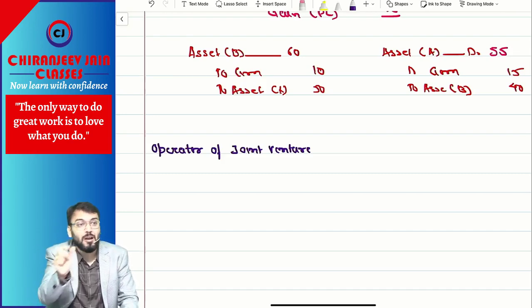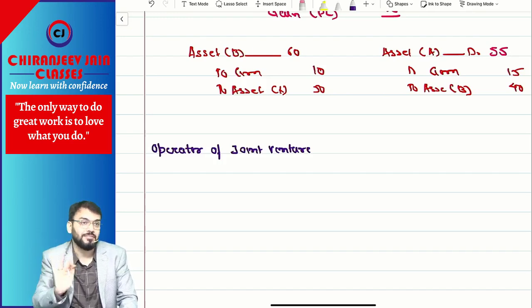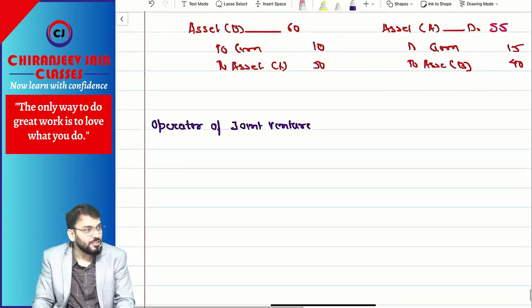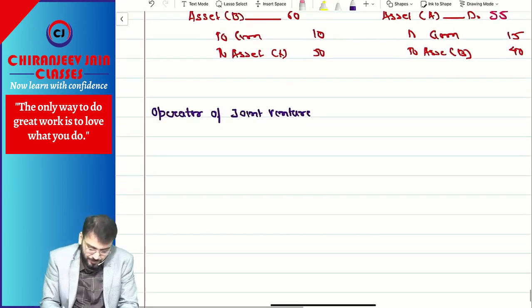Any fee received by the operator will be accounted as per AS 9, revenue recognition, and this will become an expense of the joint venture. Just write down this much.